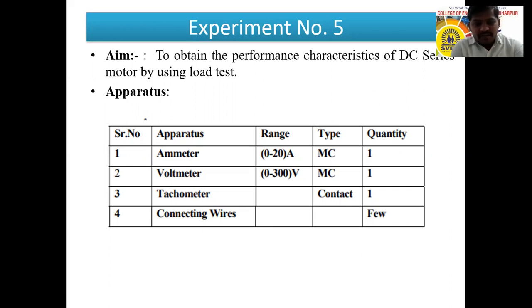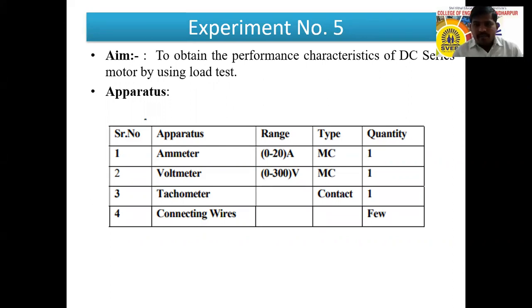What is the precaution in case of a DC series motor, while running or while starting it? We have already discussed the characteristics of the DC series motor: torque versus armature current, speed versus armature current, and speed-torque characteristics, which we derived in the theory. I also gave a proof for that. What is the precaution?